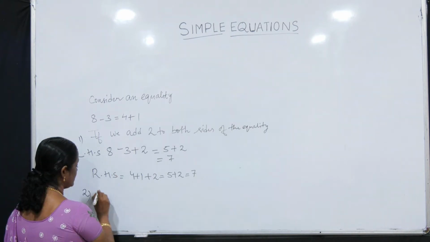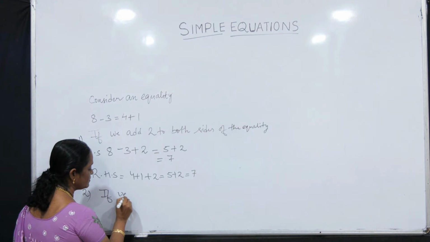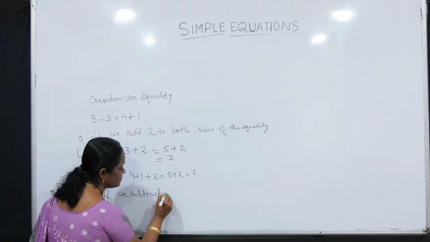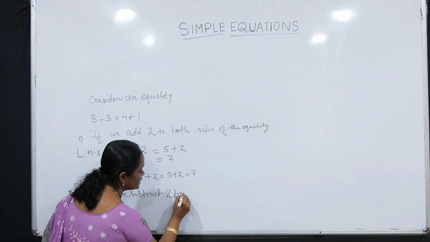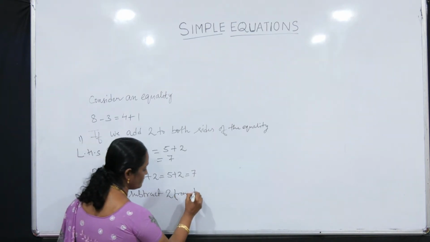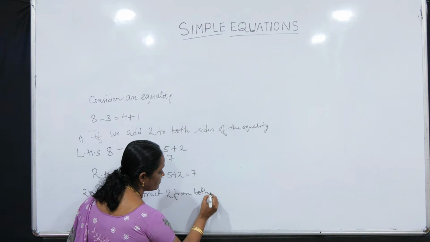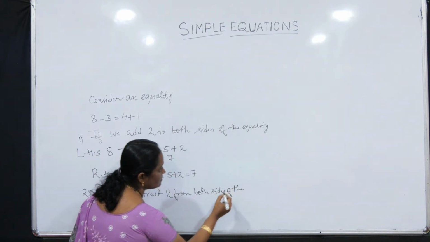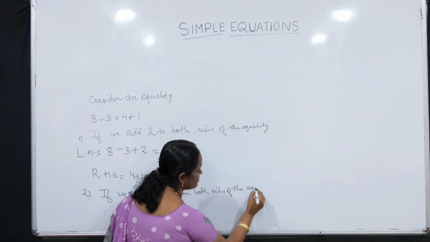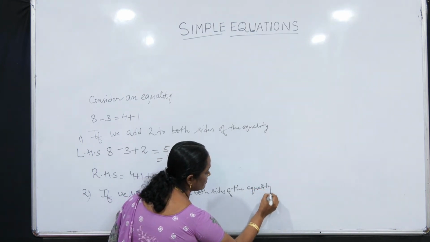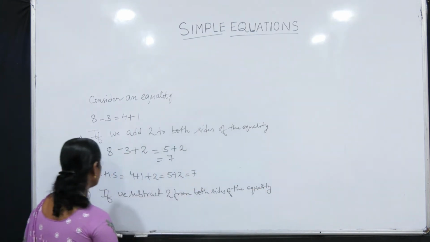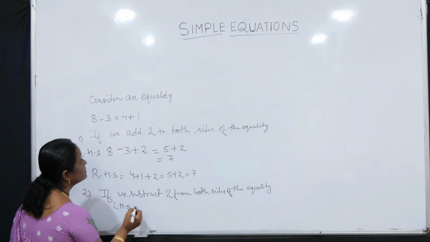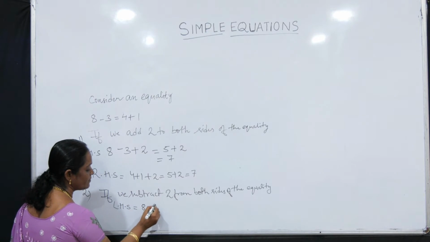Now students, if we subtract 2 from both sides of the equality, the LHS is 8 minus 3.